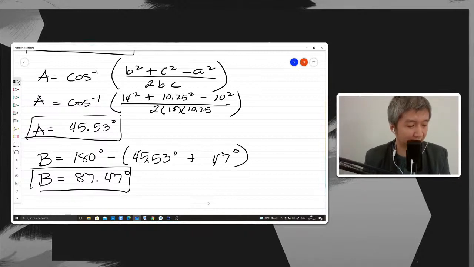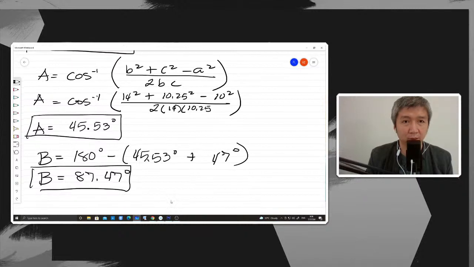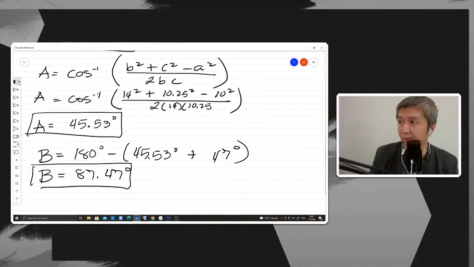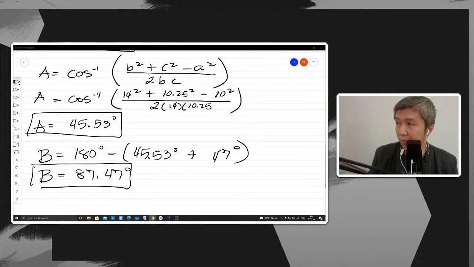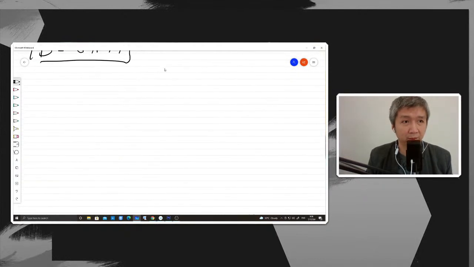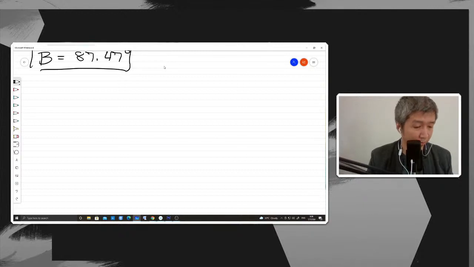So now let us try, how about if the given are all three sides of the triangle. Are you finished copying? Okay, example number 3.